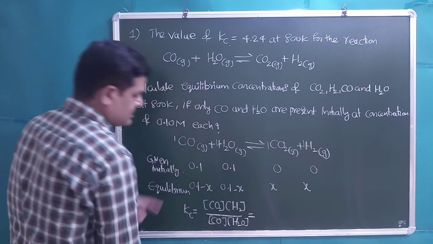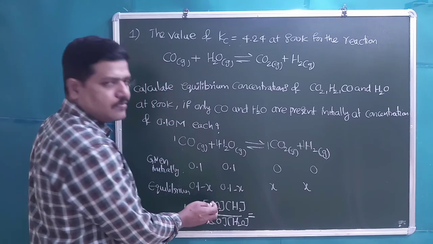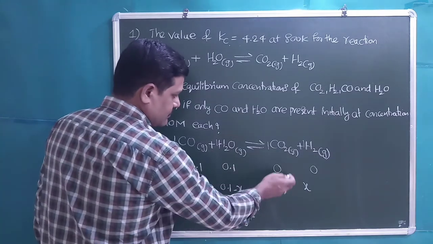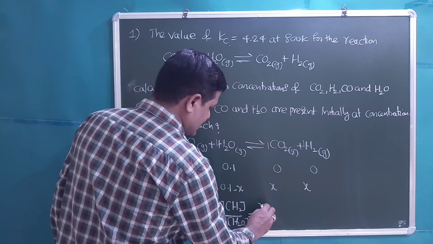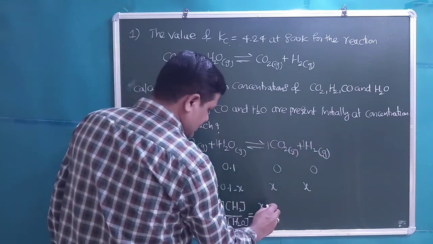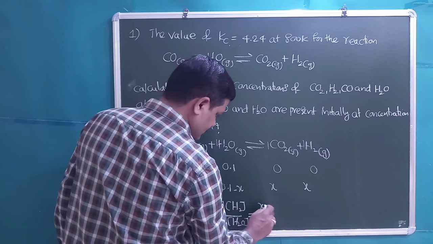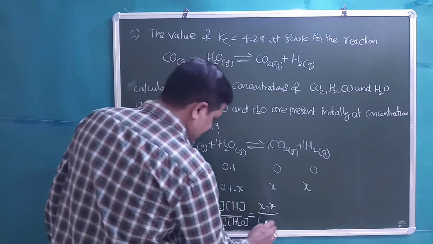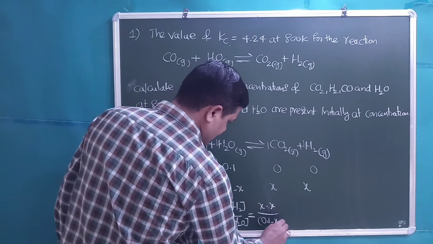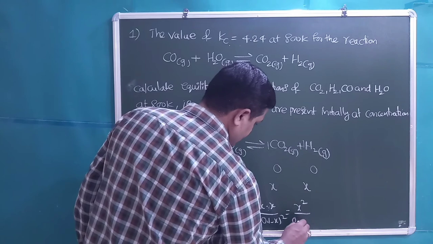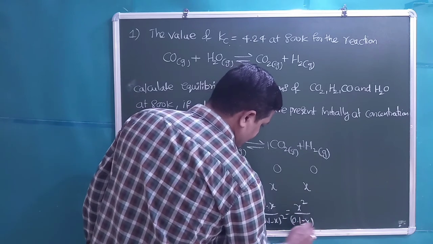Students, let us substitute the equilibrium concentrations in terms of X. CO2 equilibrium concentration is X, H2 also is X. X into X divided by, for CO and H2O, 0.1 minus X whole square, which is equal to X square by 0.1 minus X whole square.